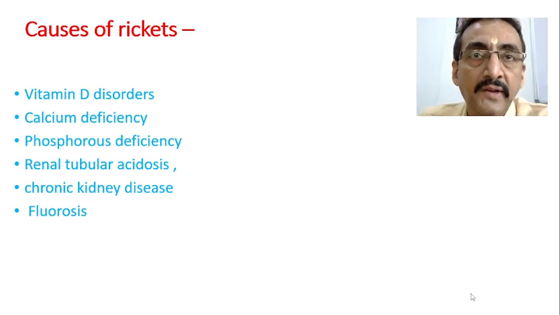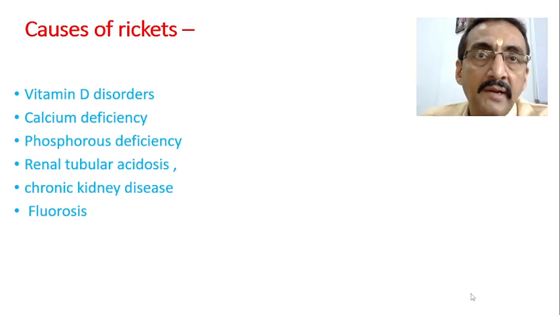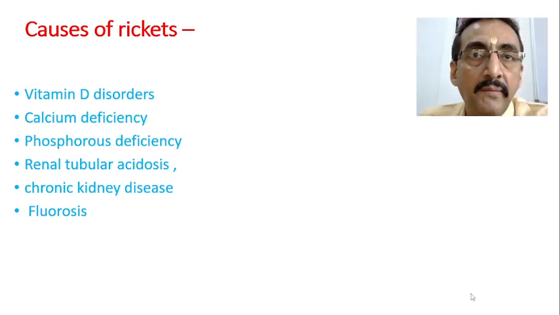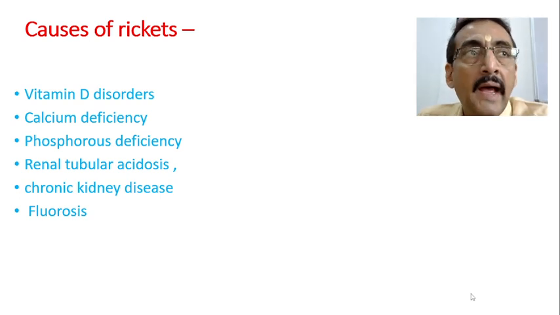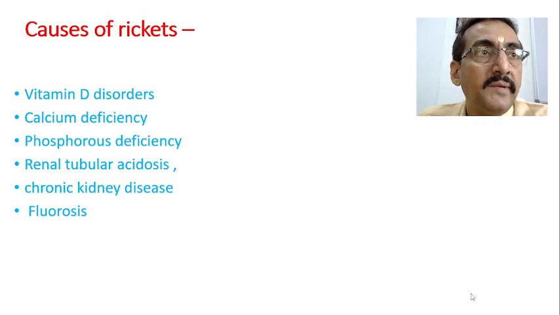Now, by this time we know that rickets is a disease of the growing end of the bone, which is very common in the early part of infancy. It begins in the early part of infancy and manifests mostly after completion of infancy. Basically it is because of vitamin D deficiency.